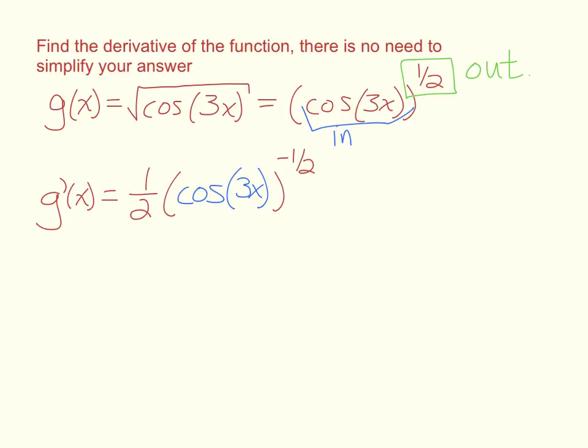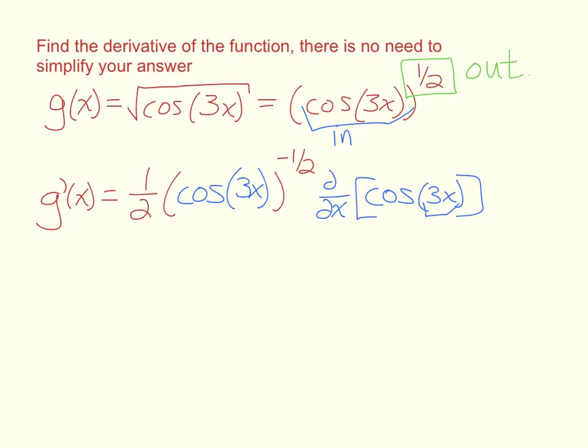After we find the derivative of the outside function, we then find the derivative of what's on the inside, this cosine 3x. When you look at this derivative, it turns out we have another chain rule to use.